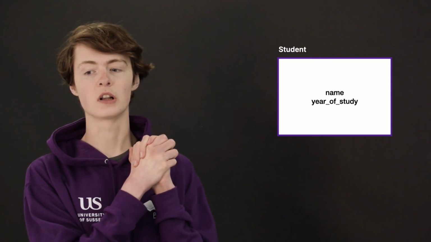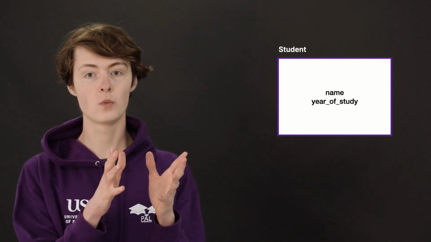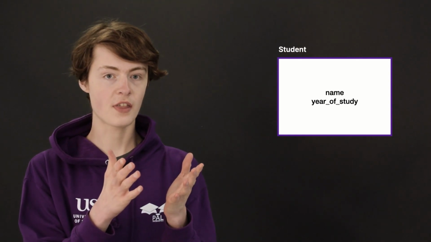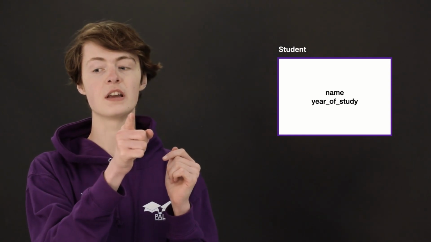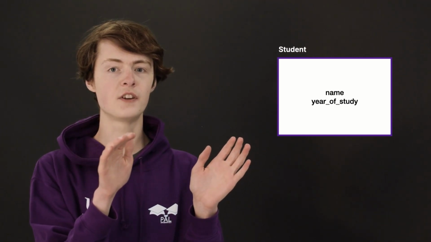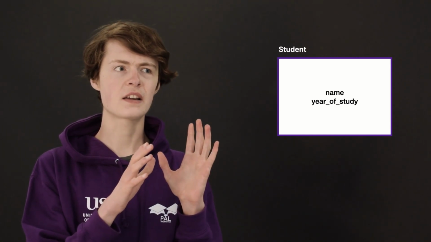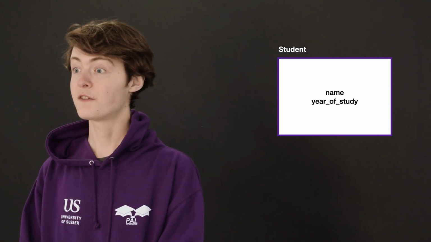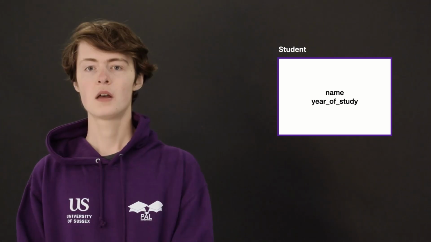Already, we have a pretty good template for what a student would look like. Note that we haven't said what any of these values would actually be, only that they would be there, and crucially, that they could be any number of different possible values. They're like variables for each individual student. We call each one of these template values fields or properties.